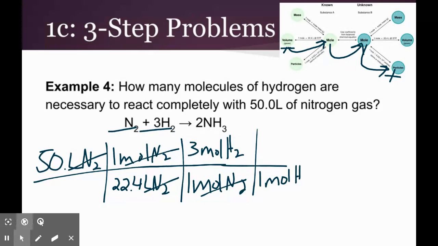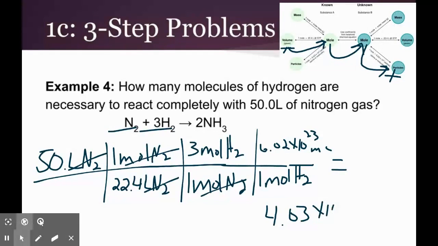So we're going to use Avogadro's number to do that. Okay, so you do 50 times 3 times 6.02 times 10 to the 23rd divided by 22.4. And that gives you 4.03 times 10 to the 24th molecules of hydrogen.